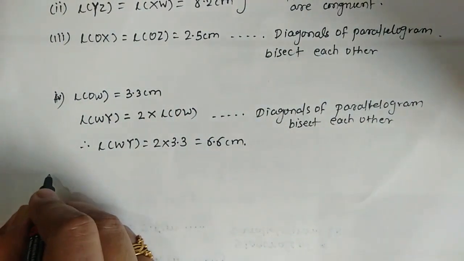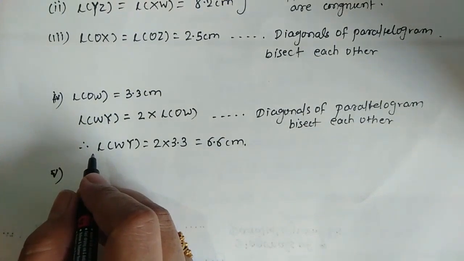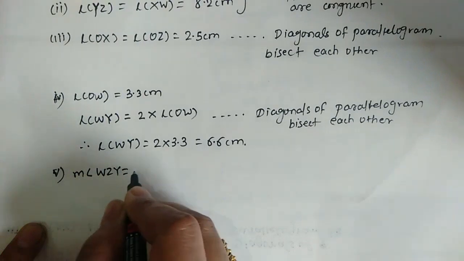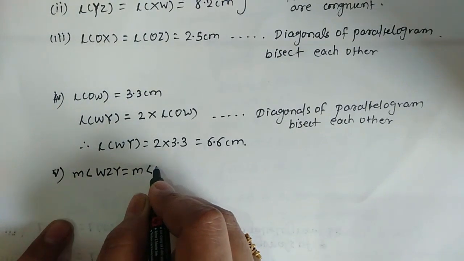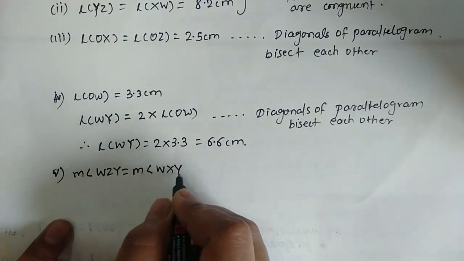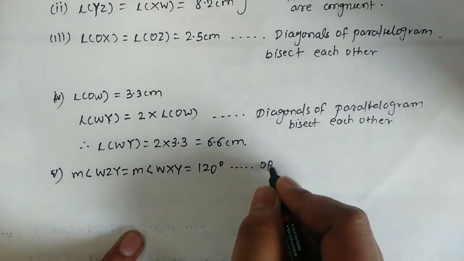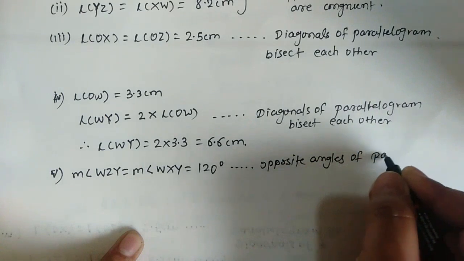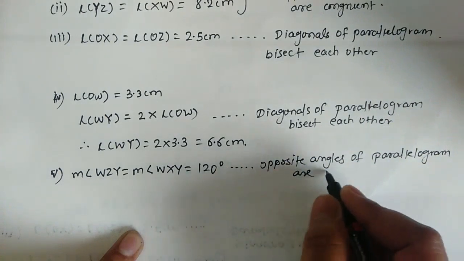Now see the next, fifth. Measurement of WZY is equal to 120 degree and measurement of WXY is asked. So write down here, measurement of WZY is equal to measurement of angle WXY is equal to 120 degree, because opposite angles of parallelogram are congruent.